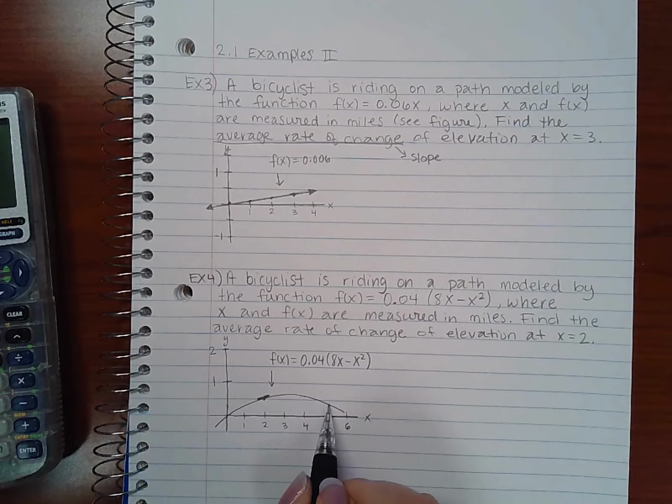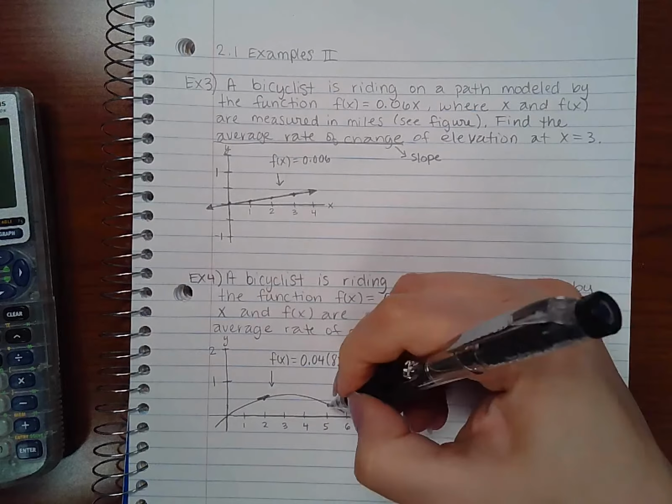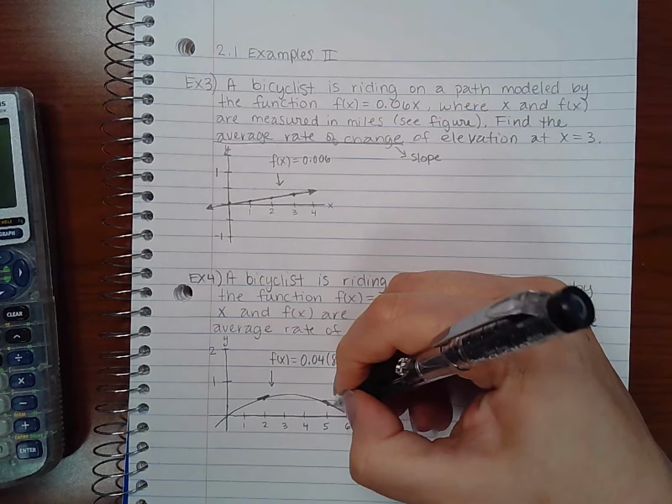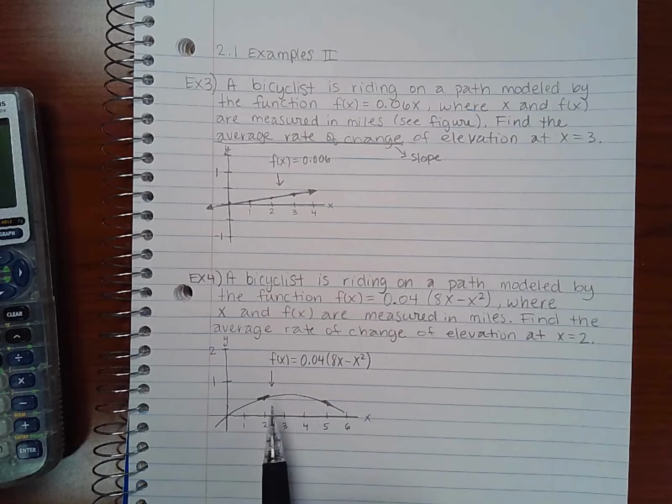Notice how if I look at the slope at 5, it is going in this direction, a positive slope going upward to the right. This is a negative slope going downward to the left. So this function has a different slope depending on where you are in the function. Therefore, this one will require calculus.